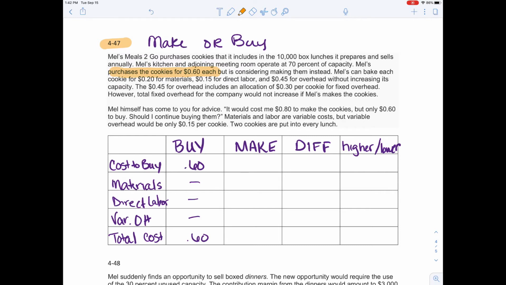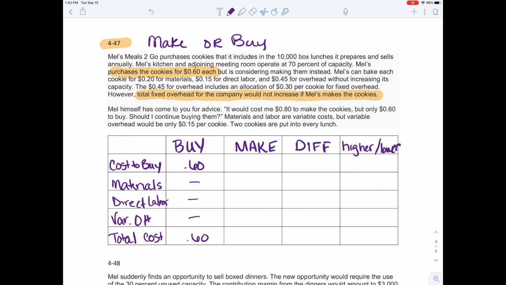These are the words I want you to look for. Total fixed overhead for the company would not increase. Therefore, that portion of it that is fixed is not relevant in the decision, and we would not include it. So we're only including those relevant costs.